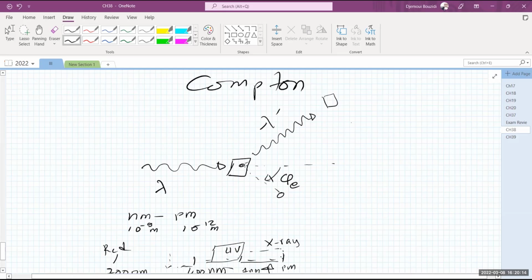So lambda prime minus the original lambda is some constant, which is h over mc times 1 minus cosine theta. This is the experimental data.